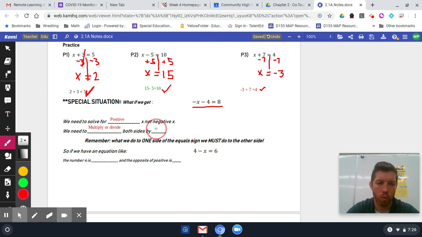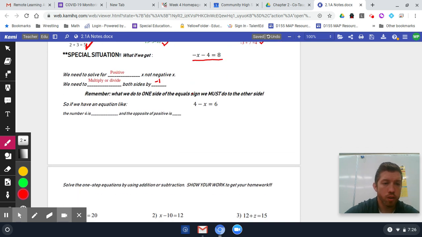We'll show you why that works. But remember, a negative times a negative gives us a positive. A negative divided by a negative gives us a positive. And that is why we need to either multiply or divide both sides by a negative, so we always have a positive variable. Our variable, our letter, always needs to be positive in the end.